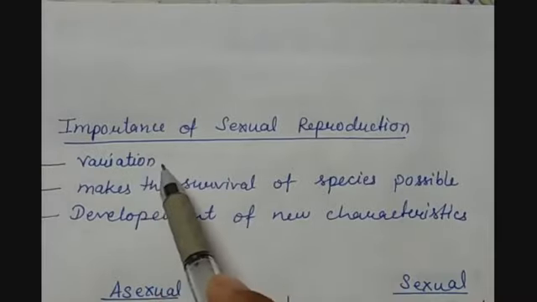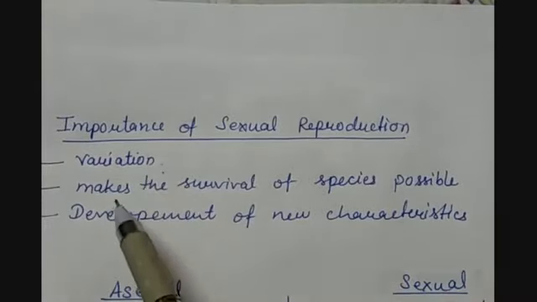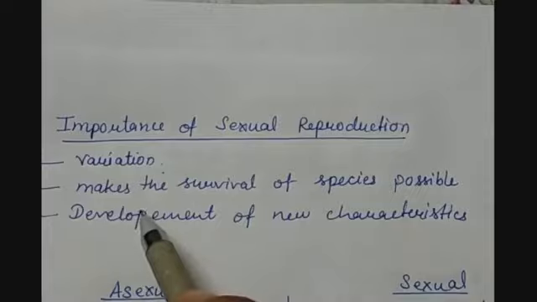Because of these variations, the species become more adaptive to changes in the environment. So the survival of the species becomes easier and possible. Because of the variations, development of new characteristics also takes place.